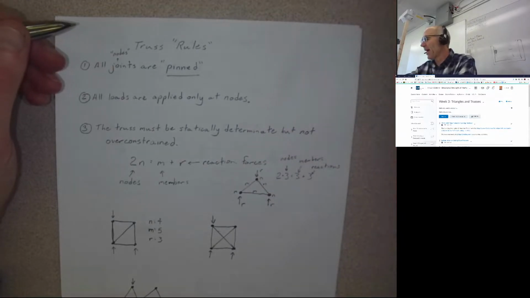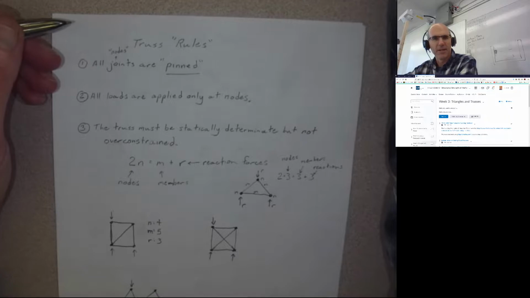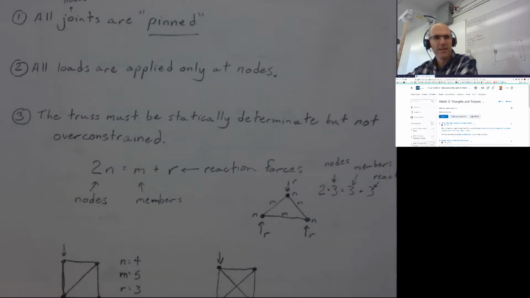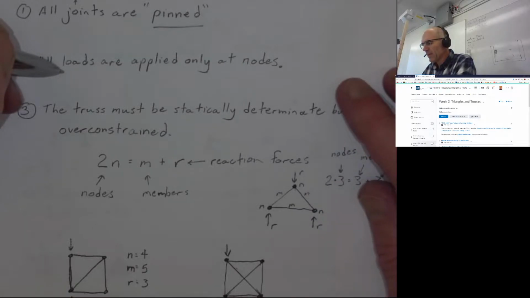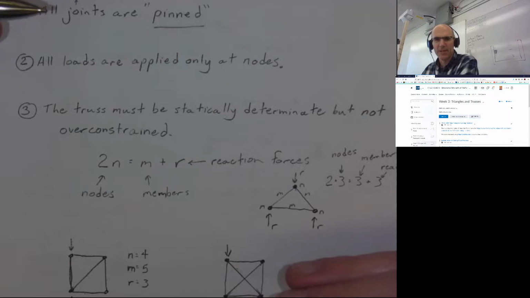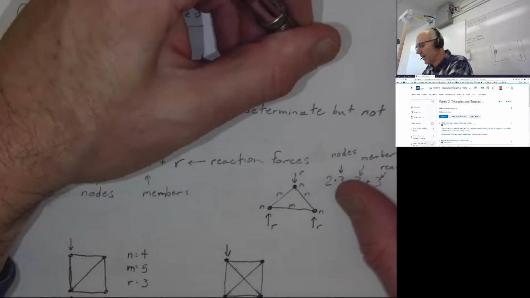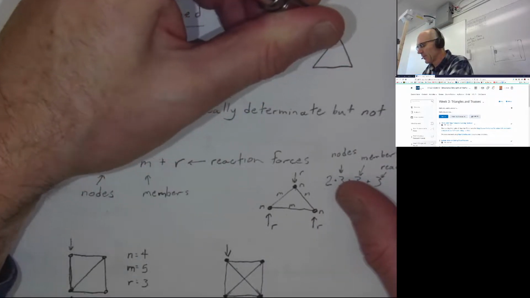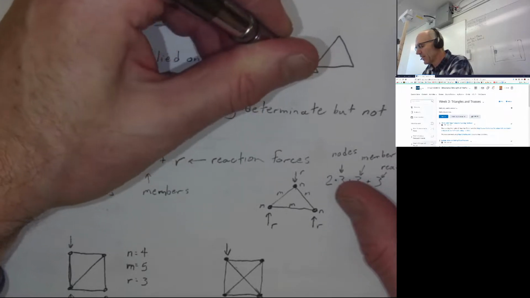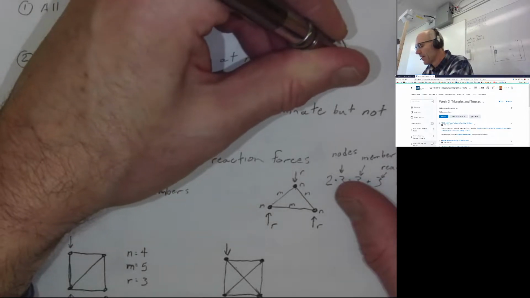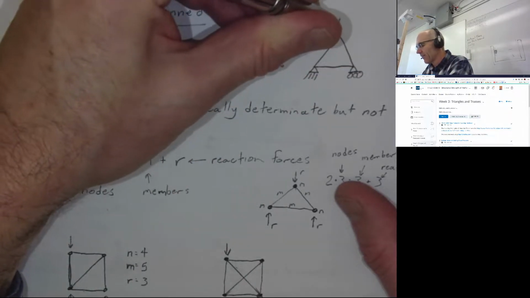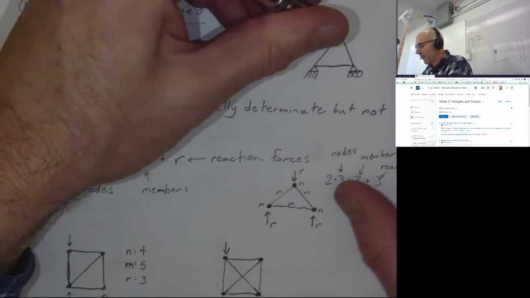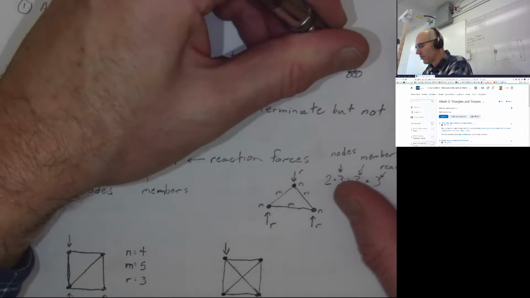Okay, and let me zoom in a little bit more here. There we go. And we also have a rule that loads are only applied at the nodes. Okay, and that's because without the gusseting taking place in there. So if you've got, let's just do a simple truss, you'll notice that I've always given you your supports right at the nodes and your forces being applied right at the nodes or joints.